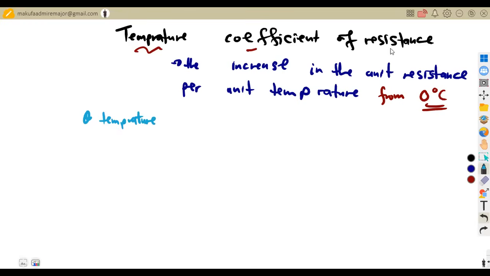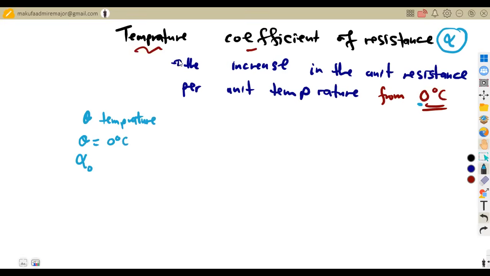So the temperature coefficient of resistance is referred to as alpha, depending on at which temperature. At 0 degrees Celsius, it means theta is equal to 0 degrees Celsius. The temperature coefficient must correspond at 0, which is our theta naught, the theta at the given temperature. If it is 0, then this is going to be theta naught.